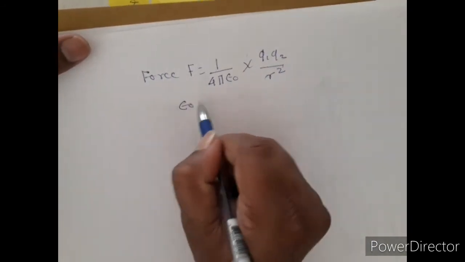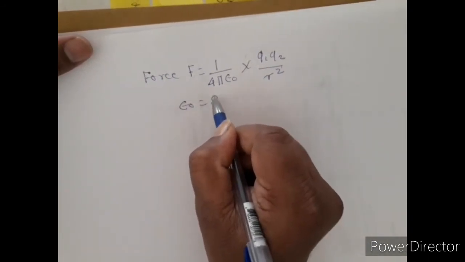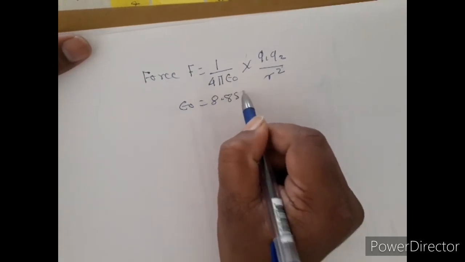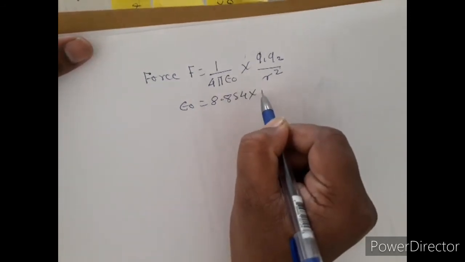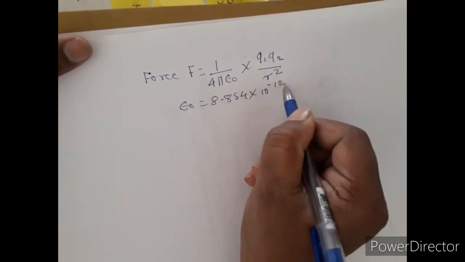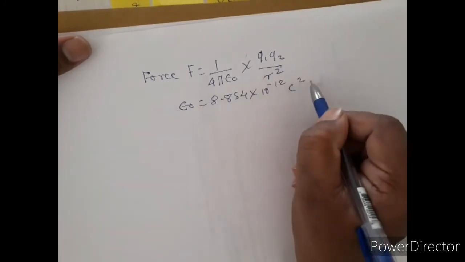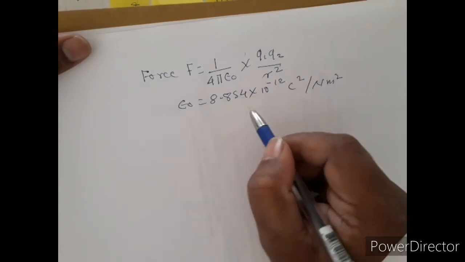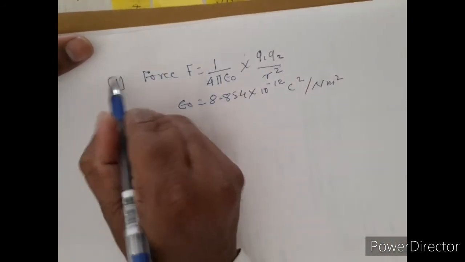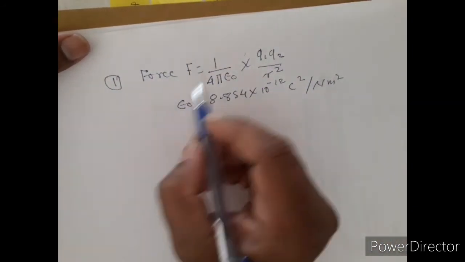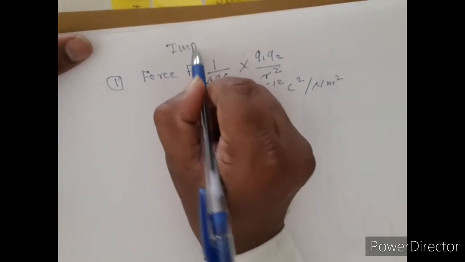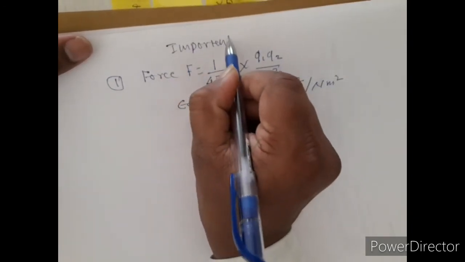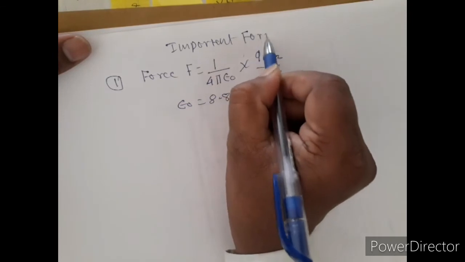Epsilon 0 is equal to 8.854 into 10 raised to minus 12 coulomb square per Newton meter square. So this is the first important formula.